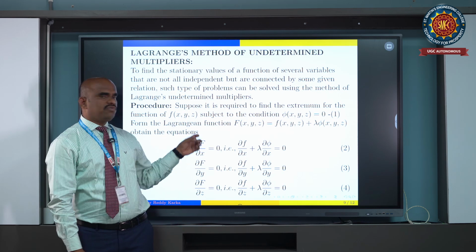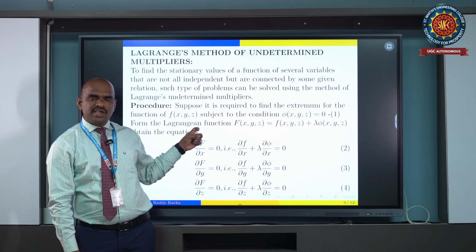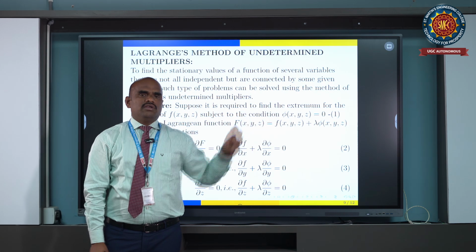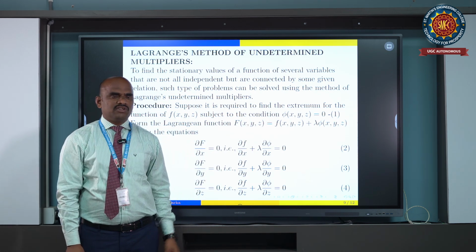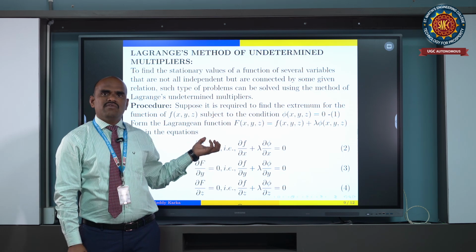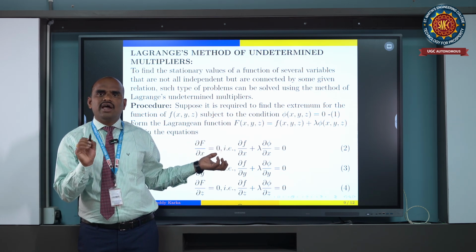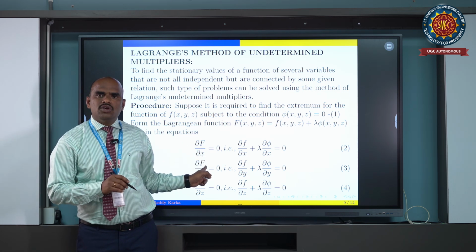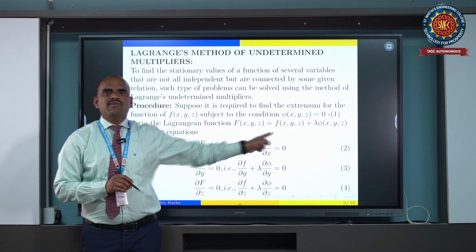So first we have to form the Lagrangian function, capital F is equal to small f plus lambda into phi of x, y, z. Then we have to perform the partial differentiation of capital F with respect to x, y and z, that is dou F by dou x, dou F by dou y, dou F by dou z, and equate to 0.